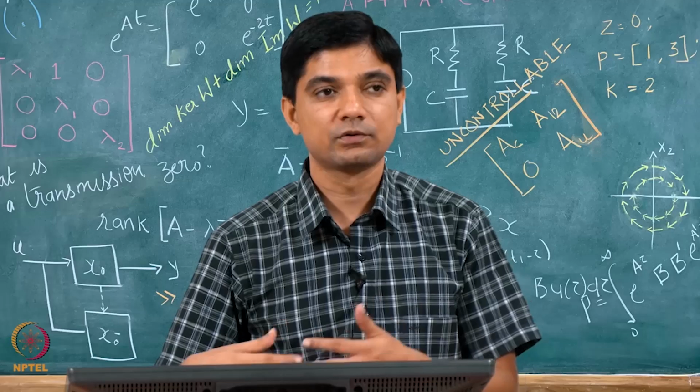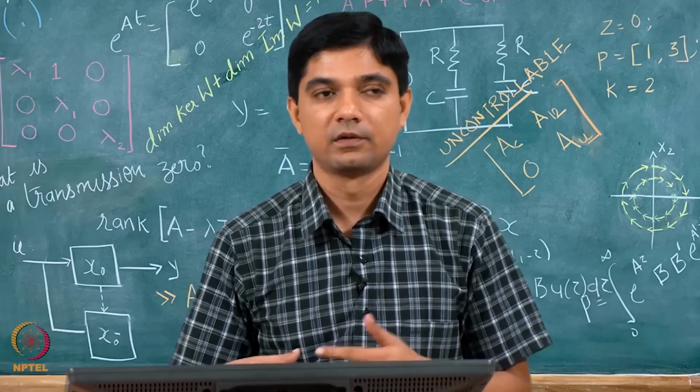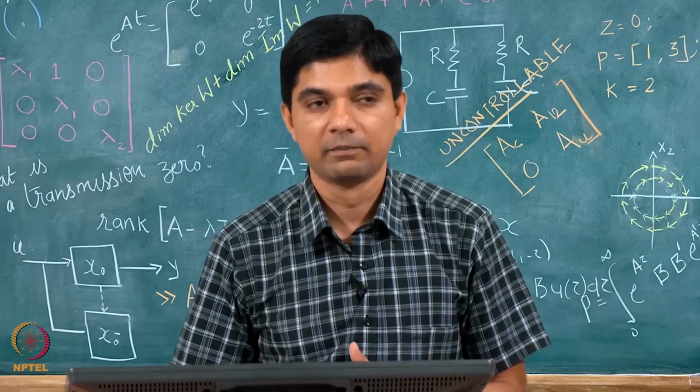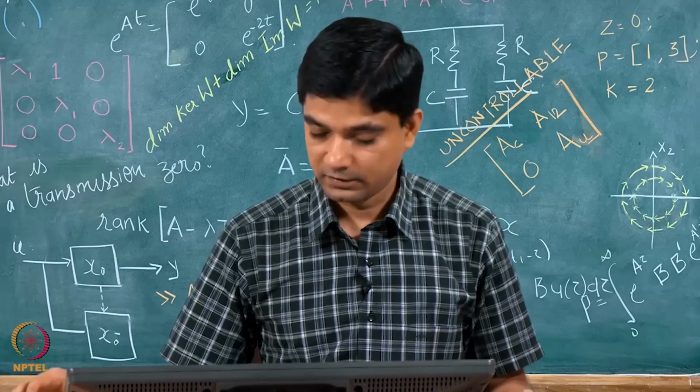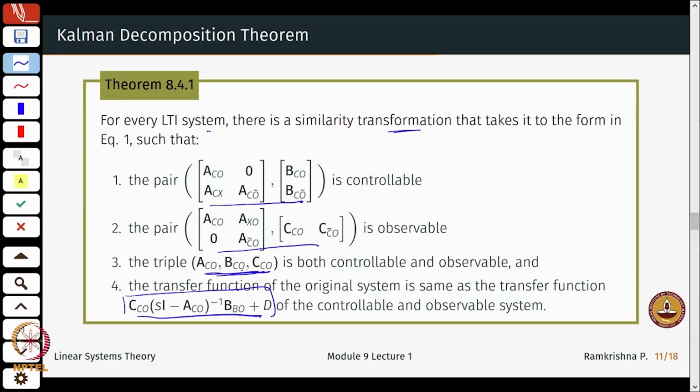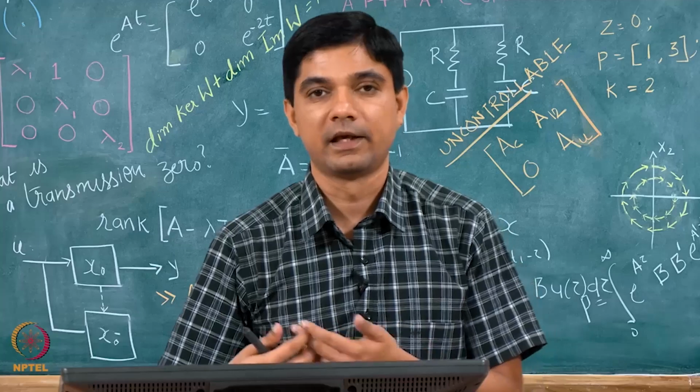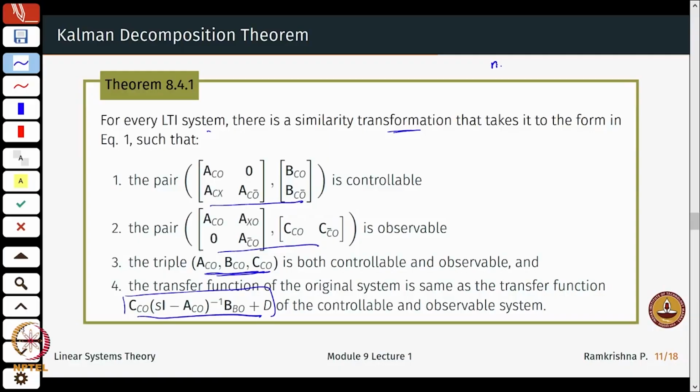So, this leads us now to define the concept of a minimal realization, because if I look at this system here, well, the system is of dimension n, so you would expect that there will be n poles in the system, whereas if I derive the transfer function, it will just have poles from the controllable and observable part.